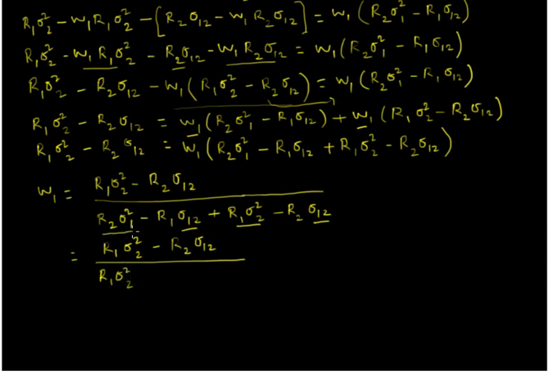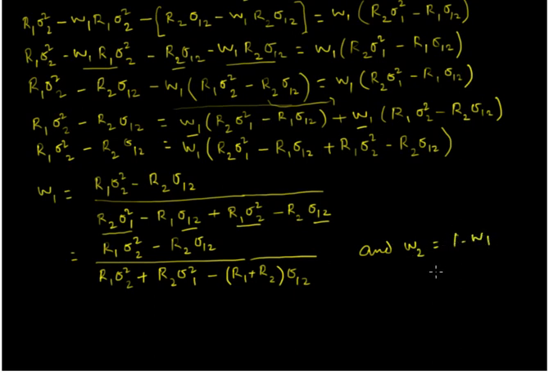Then I'm going to write the R2, and then I'm going to take the covariance between 1 and 2 common. When I do that, I'm going to have this R1 inside the bracket, and I'm going to have this R2 also inside the bracket, and we have covariance between 1 and 2. This is the optimum weight W1, which means that W2 is equal to 1 minus W1.